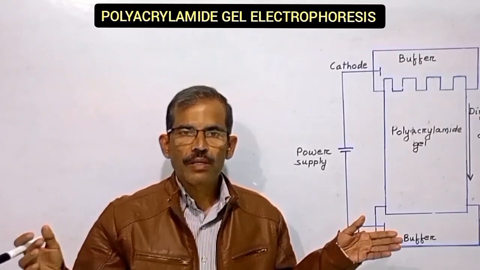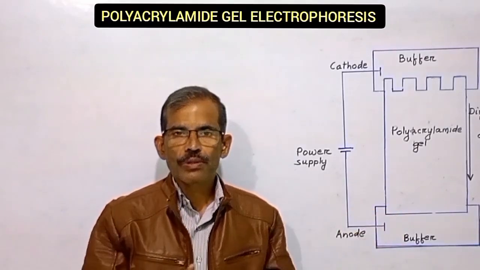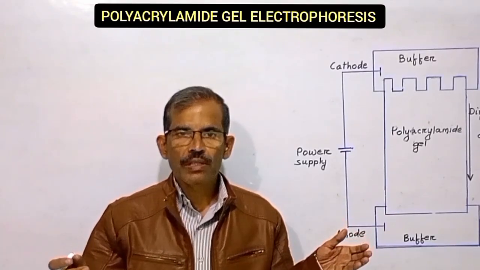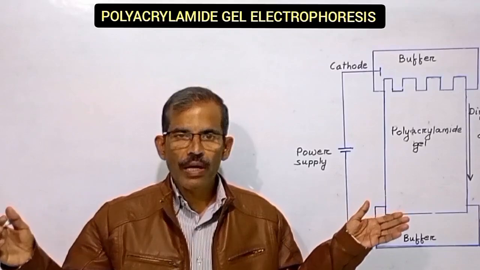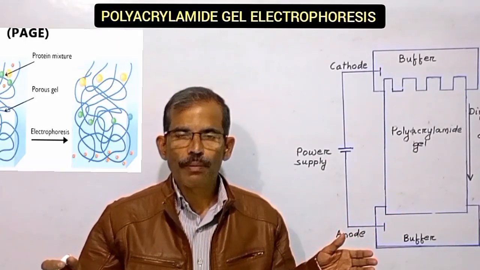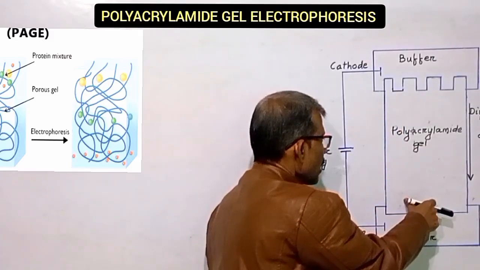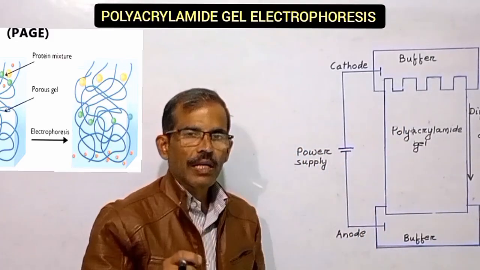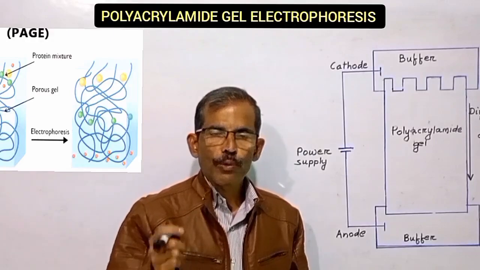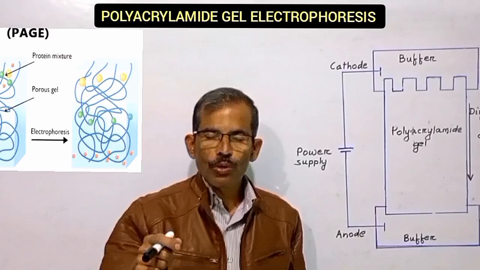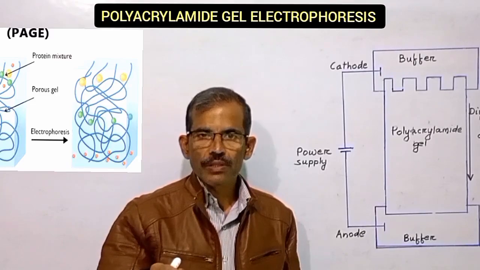As already mentioned, gels are porous. The pores are formed due to cross-linking. During electrophoresis, gels serve as a size-selective sieve during separation. As proteins migrate through the gel in response to the electric field, smaller proteins will pass more rapidly through the gel pores than the larger proteins.